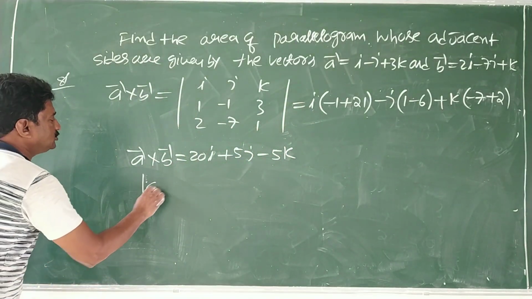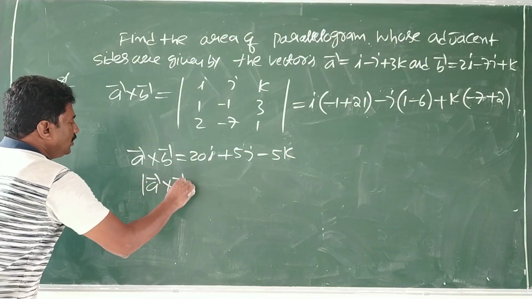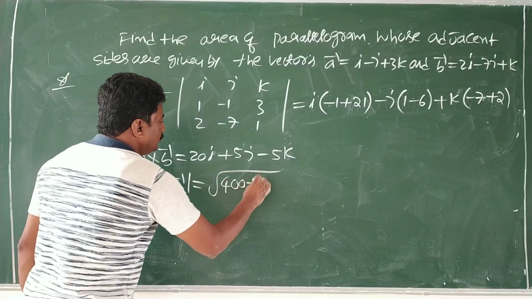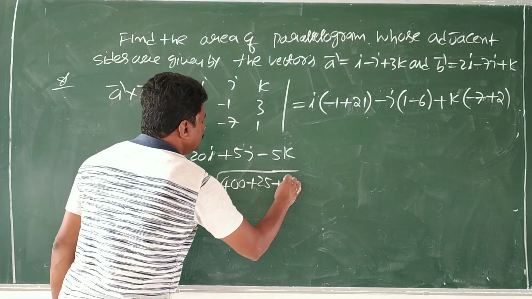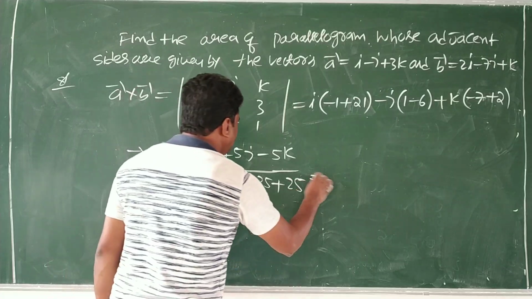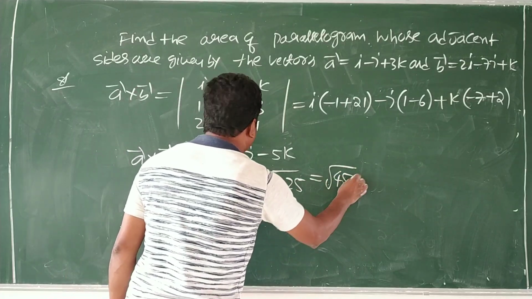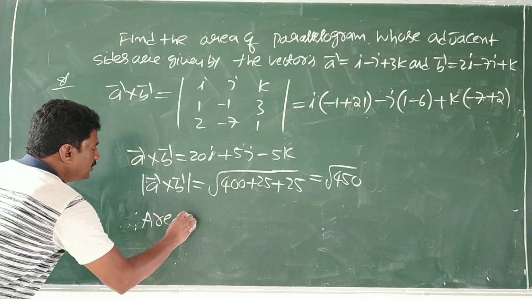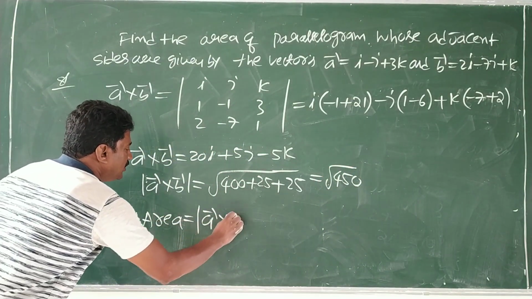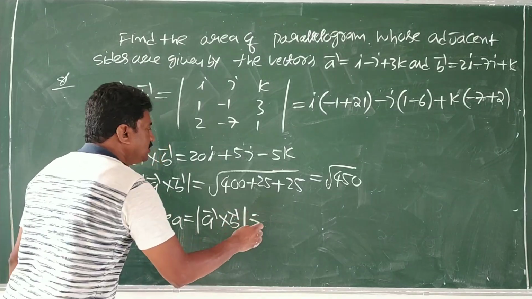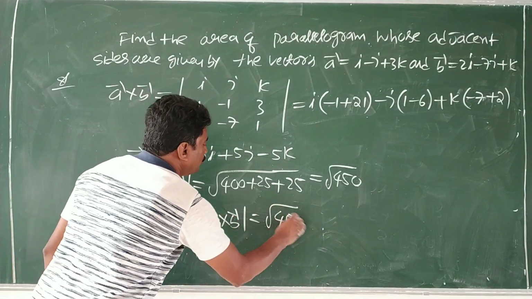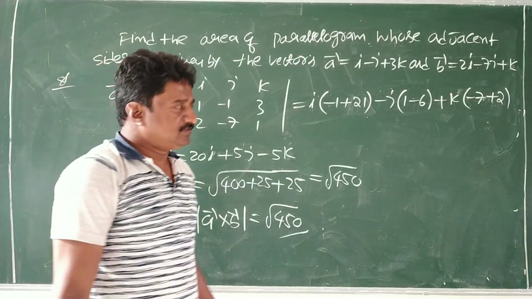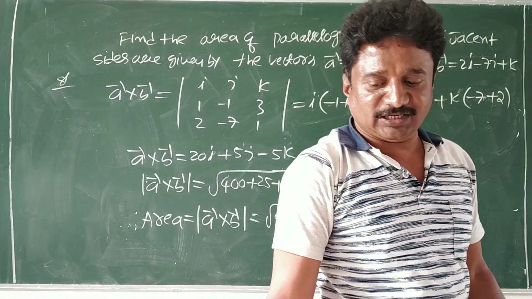Magnitude of A cross B is root of 20 square 400, 5 square 25, 25. So root 450. Therefore area equals magnitude of A cross B is equal to root 450 square units. I hope you understood, students. We shall discuss the remaining in the next class. Thank you.